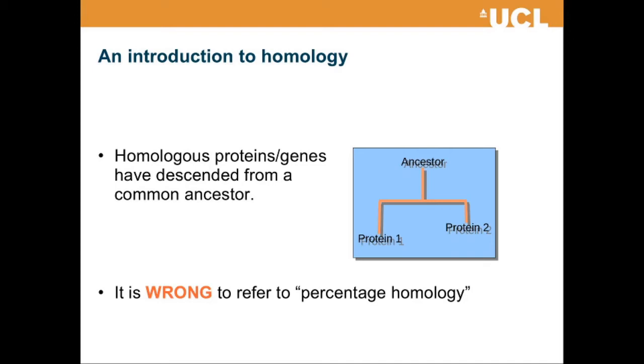And in principle, at least, you could go back in time and say, when did these proteins descend from this common ancestor? When did they diverge? Of course, we can't actually go back in time, but we can look at the sequence identity or sequence similarity between the proteins in order to estimate how long ago they diverged.